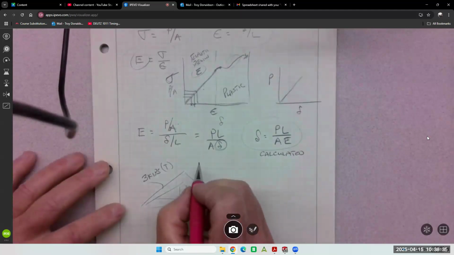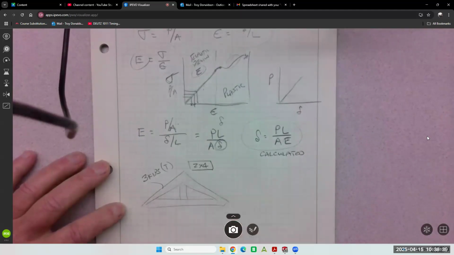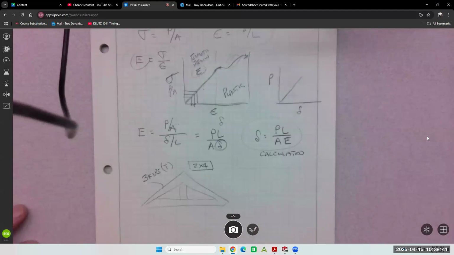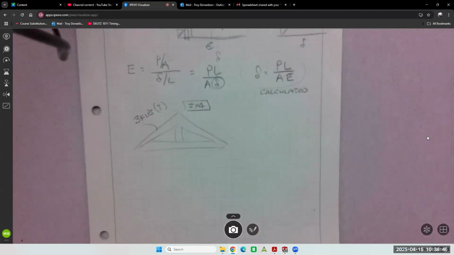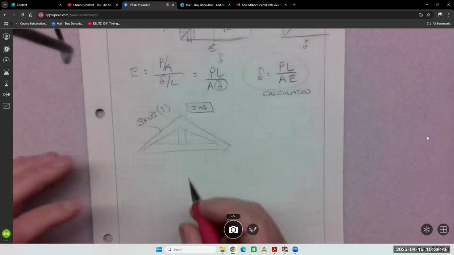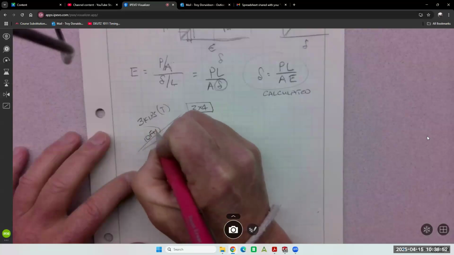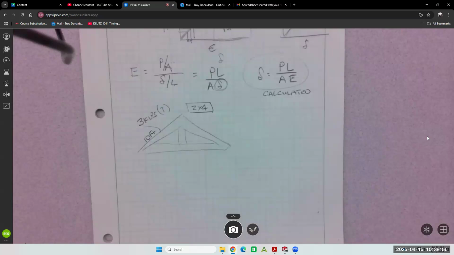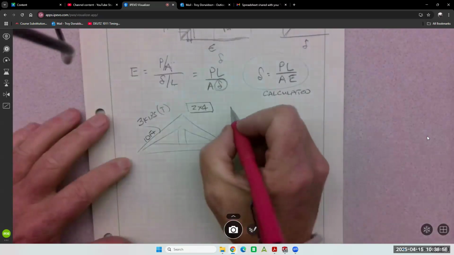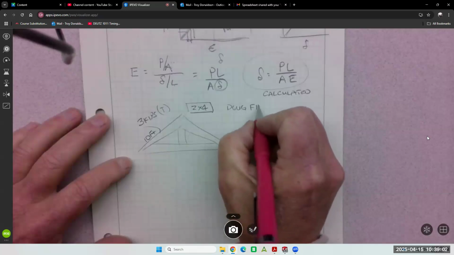And it's a 2x4, and it's 3 kips in tension. And it is 10 feet long, and it is made out of Doug fir.